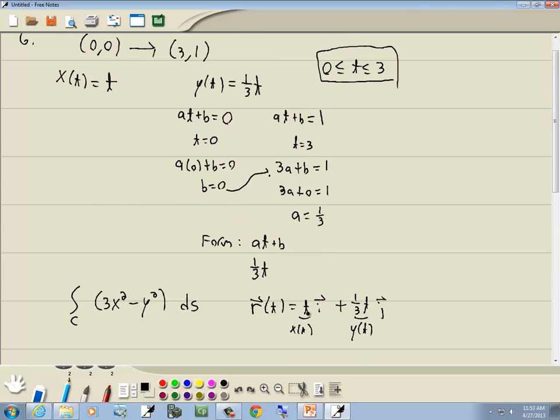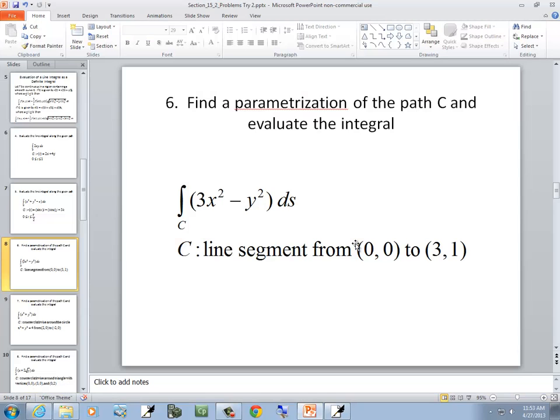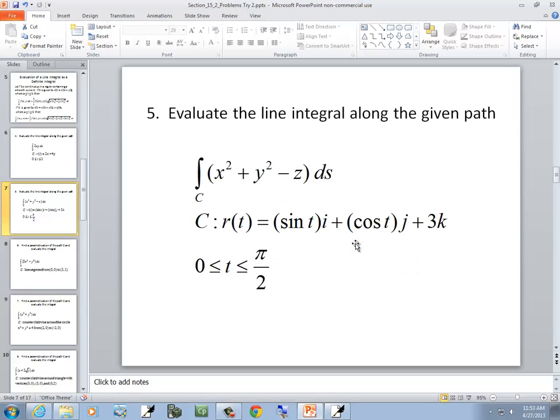We're going from t equals 0 to t equals 3. Okay, now we're ready to go through our formula. Basically, it's the same thing as what we had in these first problems.